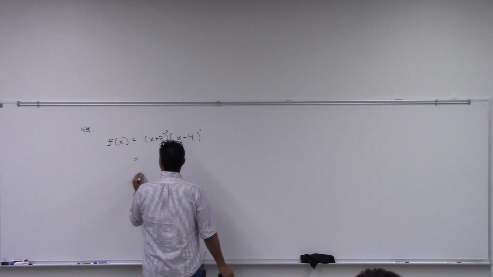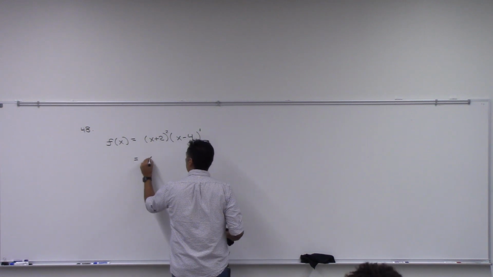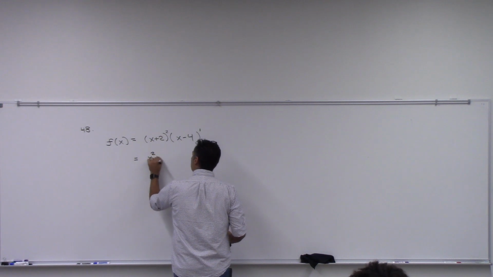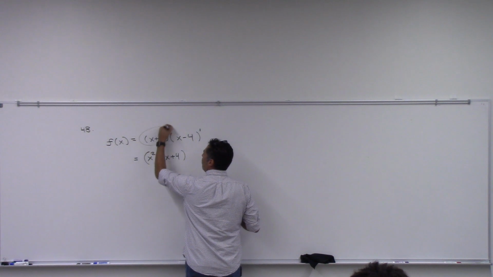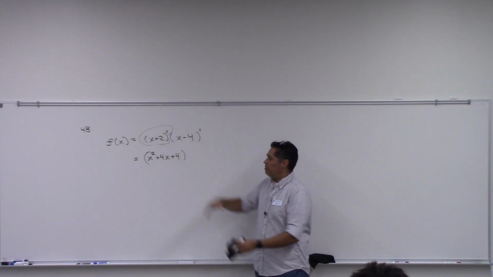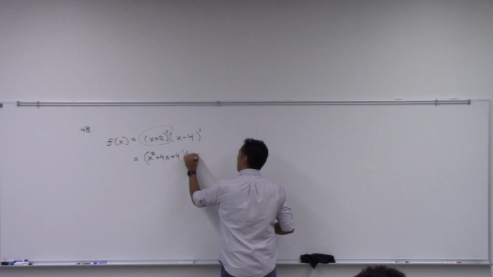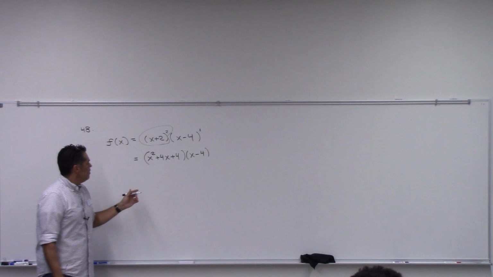So if this is degree 3, then let me do it this way. So we would do x squared plus 4x plus 4. That's what I would get if I would square that. I do x plus 2 times x plus 2. And then I still have to multiply by x minus 4. So we would have to do the same thing we did before.